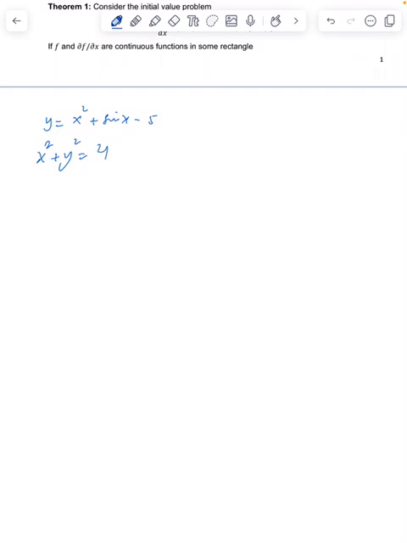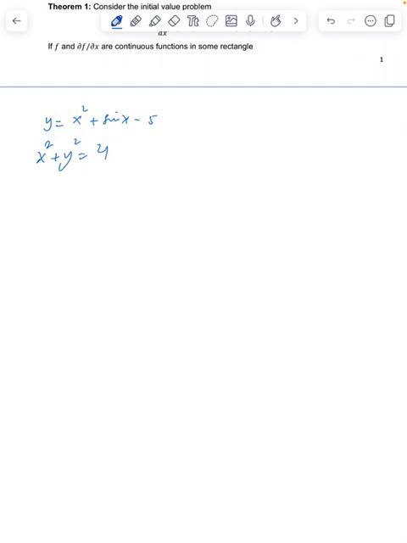These initial conditions are basically values of the function, or the value of the solution which we have to find in general, but some typical values of the solution are known.